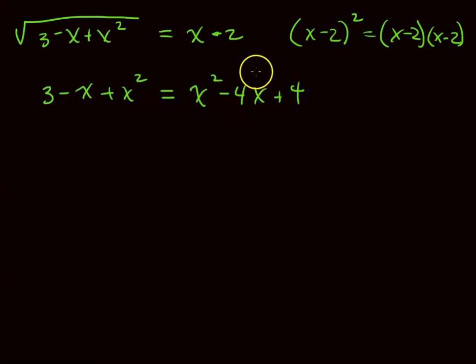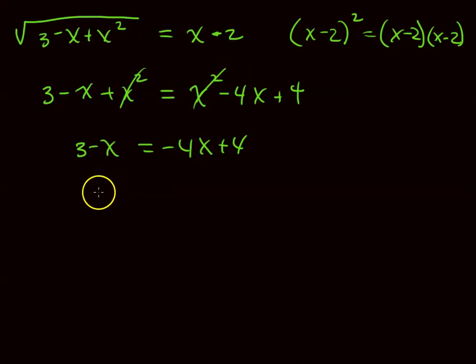That negative 4x you might have missed if you don't go through either FOIL or the squaring procedure. Be careful. Subtract x squared from both sides, and you get 3 minus x equals negative 4x plus 4.